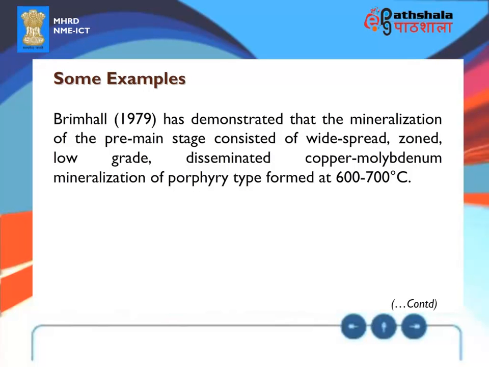Brimhall, 1979, has demonstrated that the mineralization of the pre-main stage consisted of widespread, zoned, low-grade, disseminated copper-molybdenum mineralization of porphyry type formed at 600 to 700 degrees centigrade.